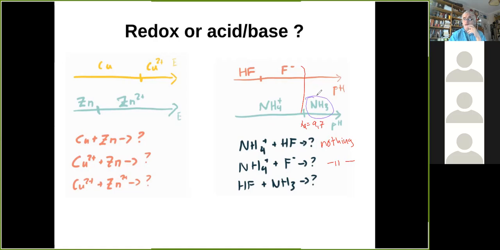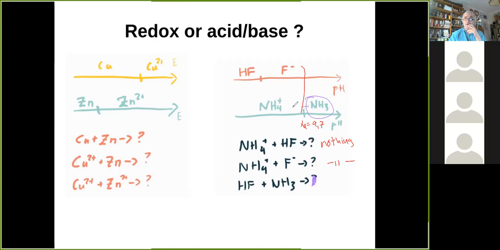And an environment, or say a solution in a beaker, can't be acidic simultaneously as it is basic. So these can't coexist. Here the HF will deprotonate to form fluoride ions, while where does that hydrogen ion go?